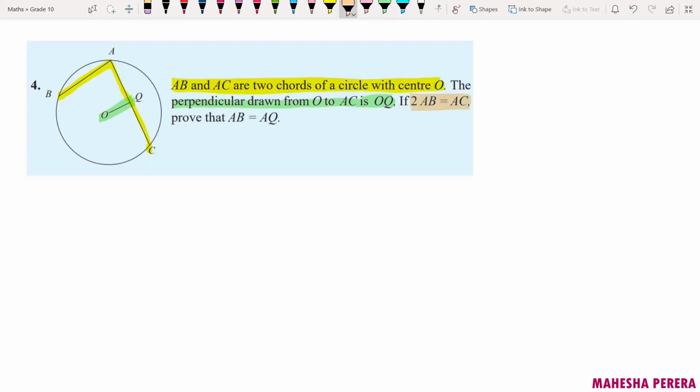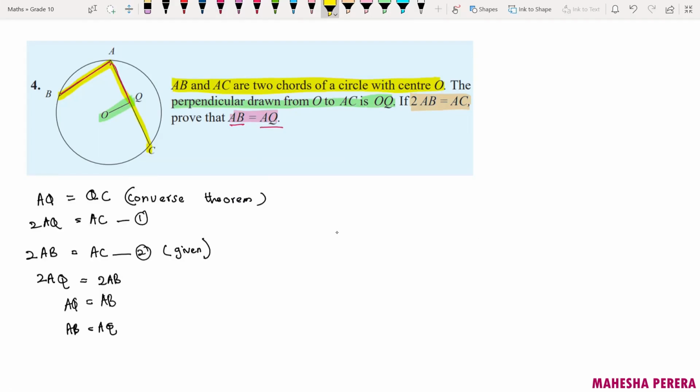If 2AB equals AC, prove that AB equals AQ. AC is AB twice. There is AB here and AQ here. So we should prove that these two lengths are equal.